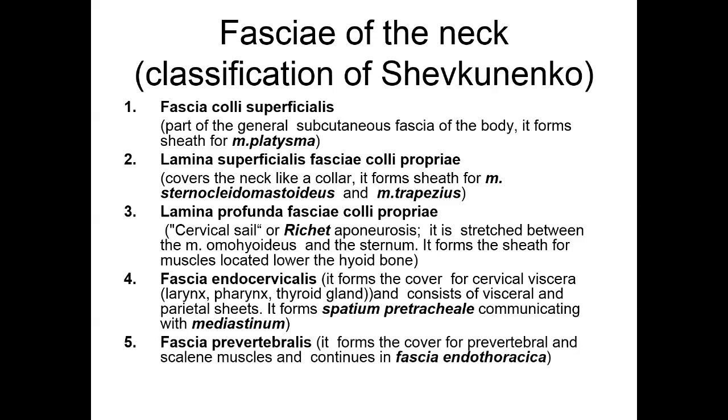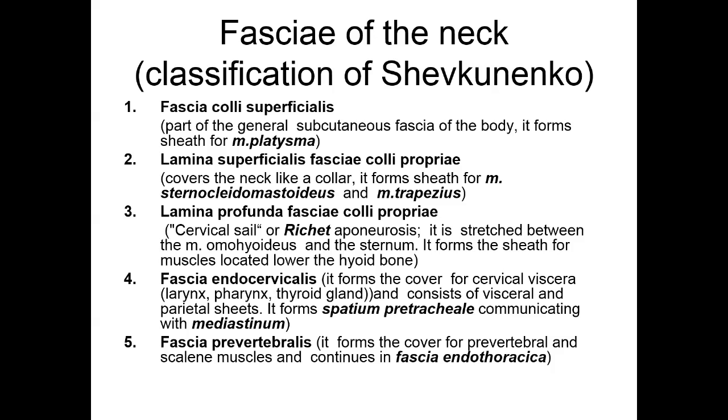And number 5, fascia prevertebralis, the last fascia of the neck. Fascia prevertebralis forms the cover for prevertebral and scalene muscles and continues in fascia endothoracica in the thoracic cavity.